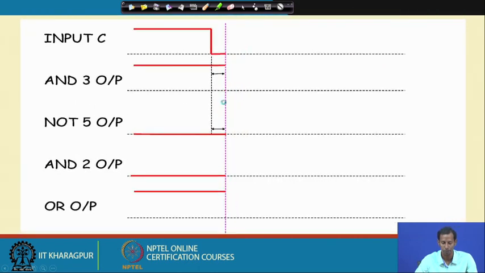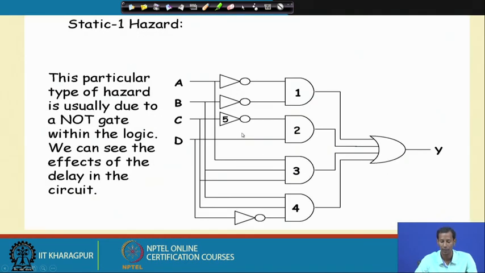That means in this particular path, because of this NOT gate this is happening. So, add some other delay buffer over here, so that these two paths become balanced. If these two paths become balanced, then you will not get any glitch over here.